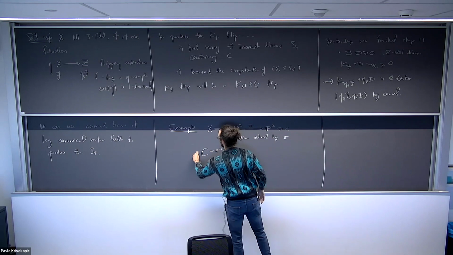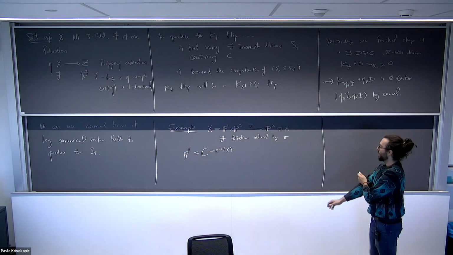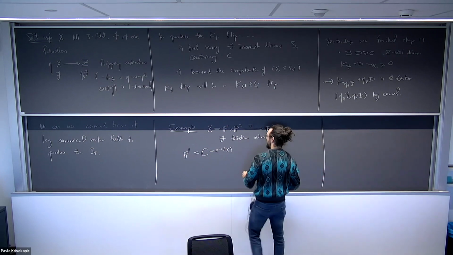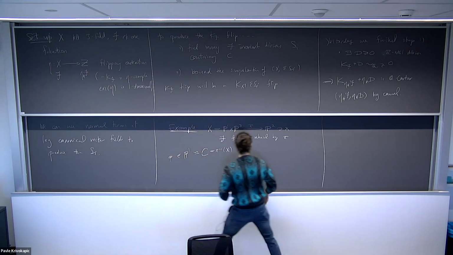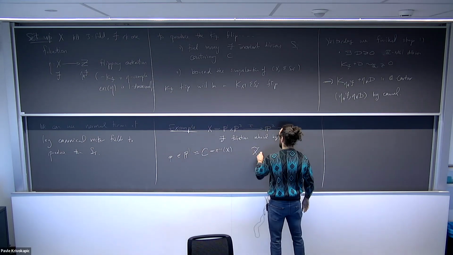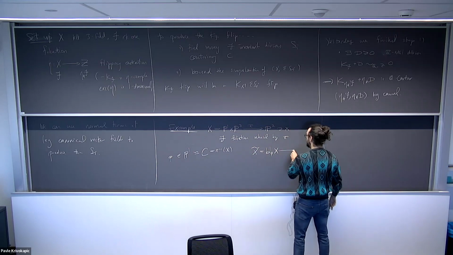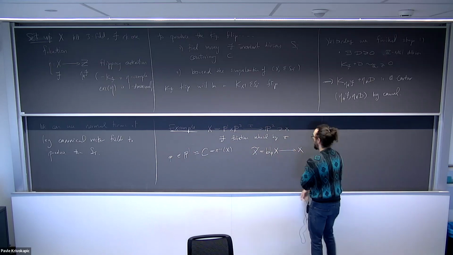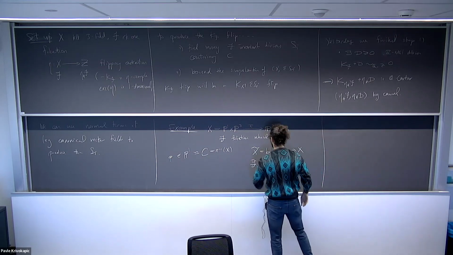So C is just a P1. Let's pick a point P on this P1, and let X tilde be the blowup of X at P. And we can still take F tilde to be the transformed foliation.